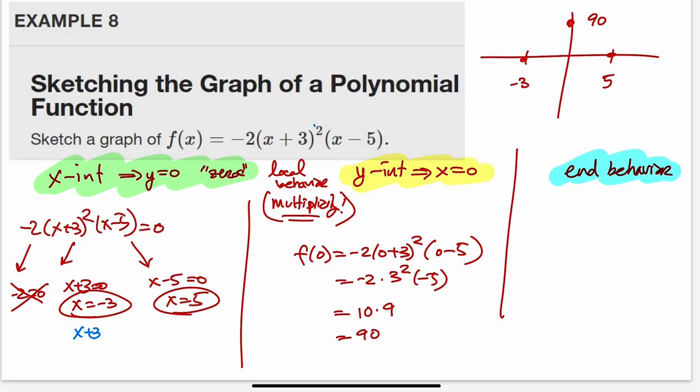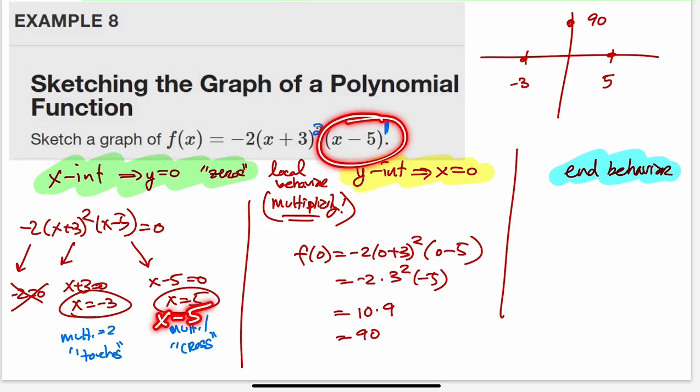And it has a multiplicity of 2, so since its multiplicity is 2, that means it touches there. And here, since this zero has a multiplicity of 1, that means it crosses there, right? So again, since the zero is x equals 5, the associated factor is x minus 5.